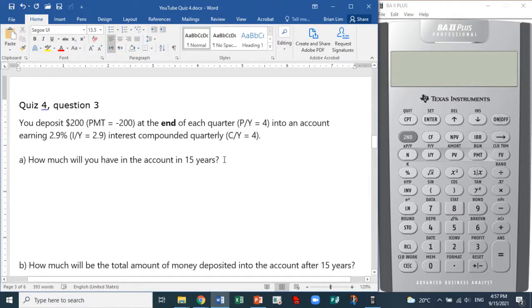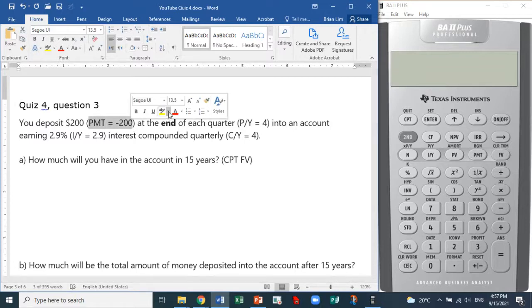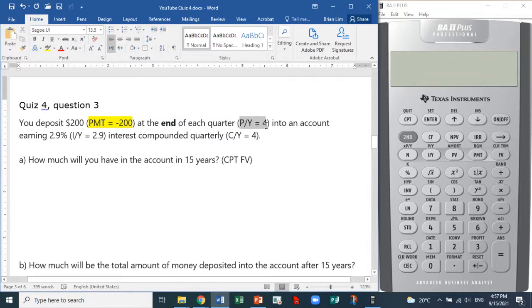All right, how much will you have in the account in 15 years? So you would have to compute today. Here we are going to compute the future value. All right, so those are the bits of information that we need. And with that, we can go ahead and put it into the calculator and do the question and get the answers.